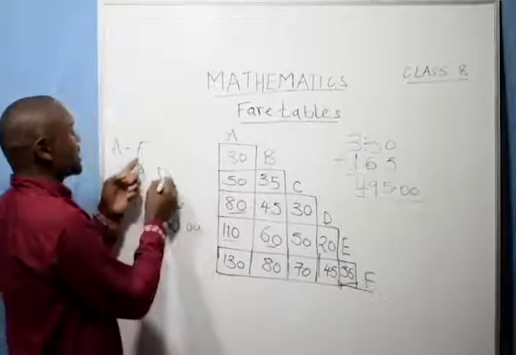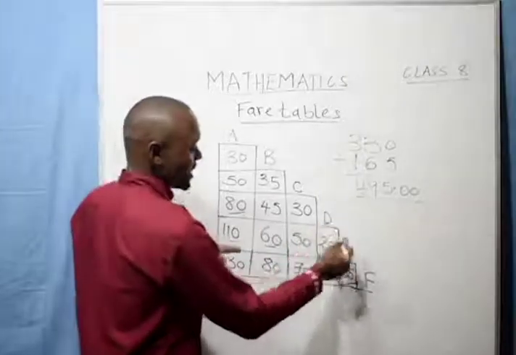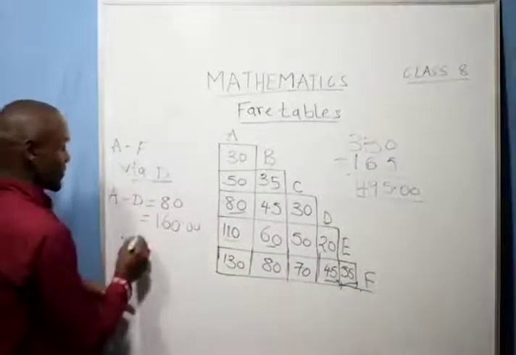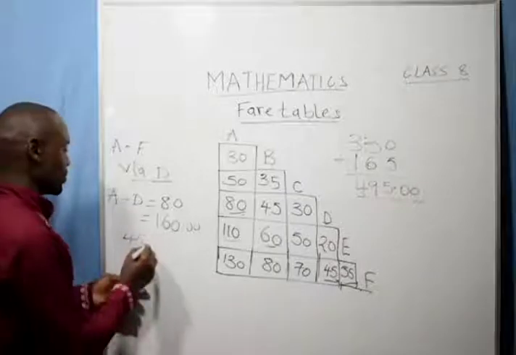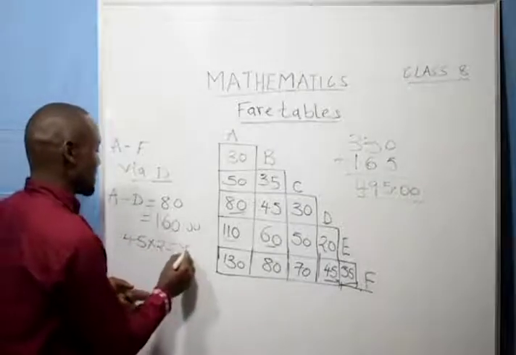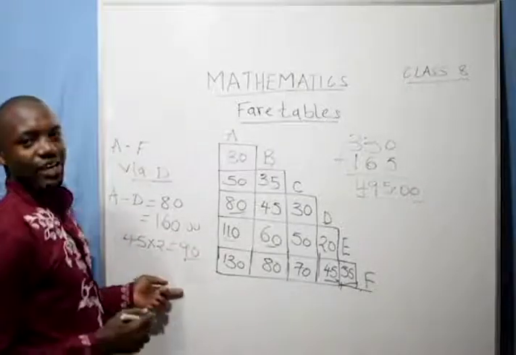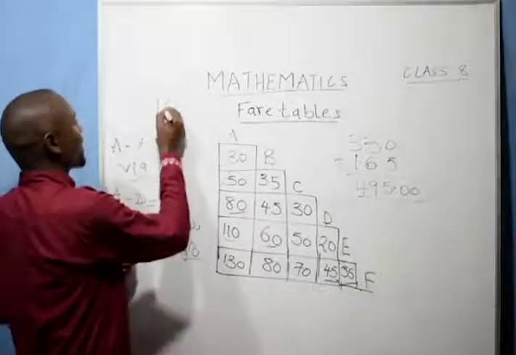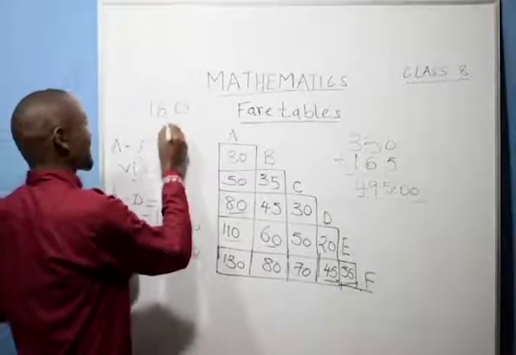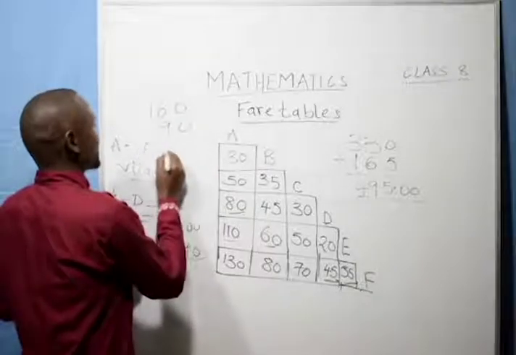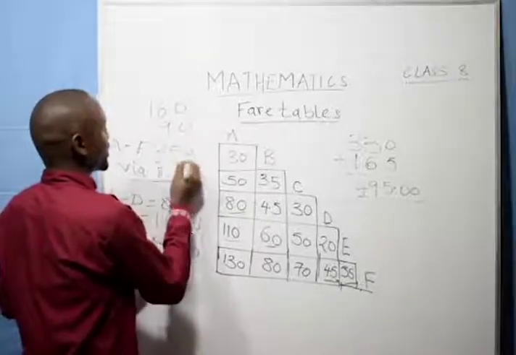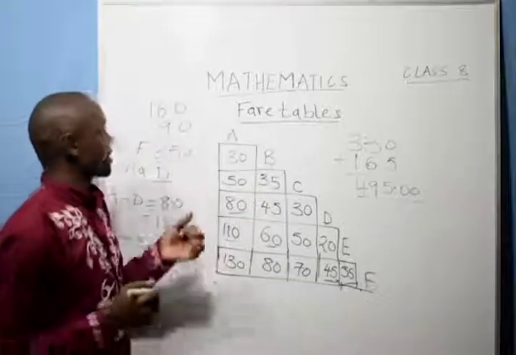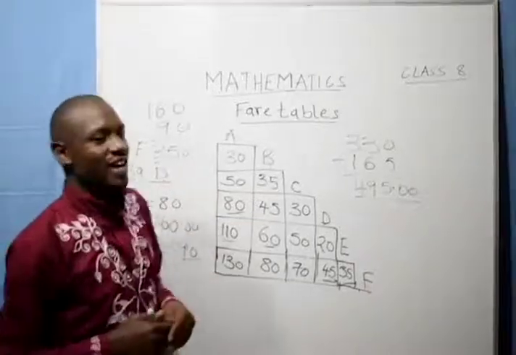Then from town D to town F, they paid 45 shillings, and because they are 2, we multiply by 2, so they paid a total of 90 shillings. So how much money did they pay in total? We have 160 plus 90, which is 250 shillings. That is how we work out problems involving fare tables.